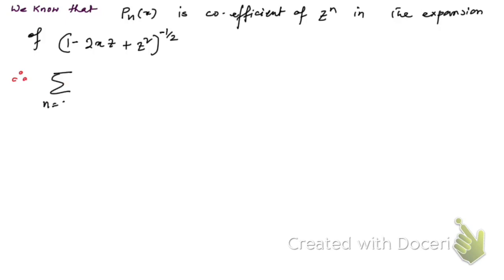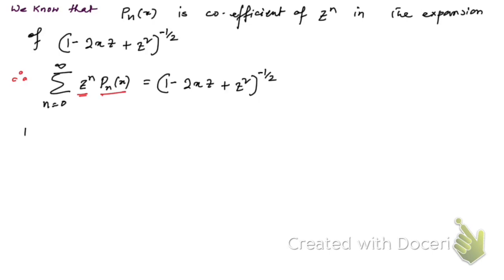Therefore we can write summation n equal to 0 to infinity z to the power n Pn of x is equal to this. Here this Pn of x is the coefficient of z to the power n.